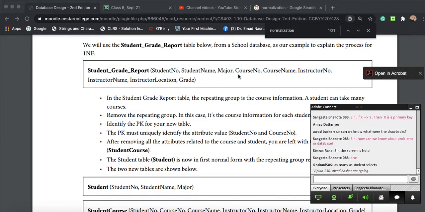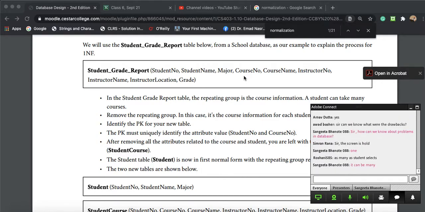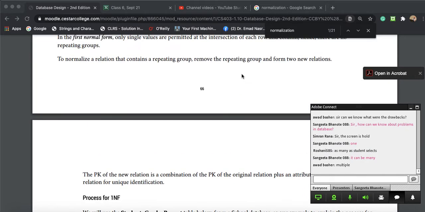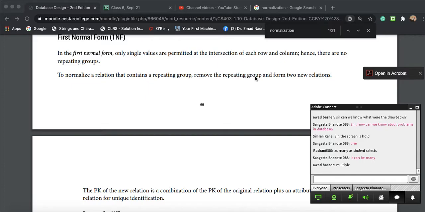Here in this table, we can put 1. But logically, it should be many. So if we want to put more than 1, we can't. It will be a group. So that's what remove the repeating group means.